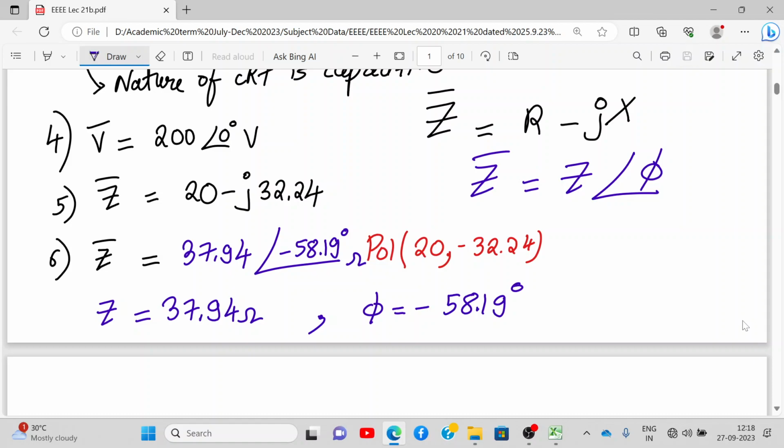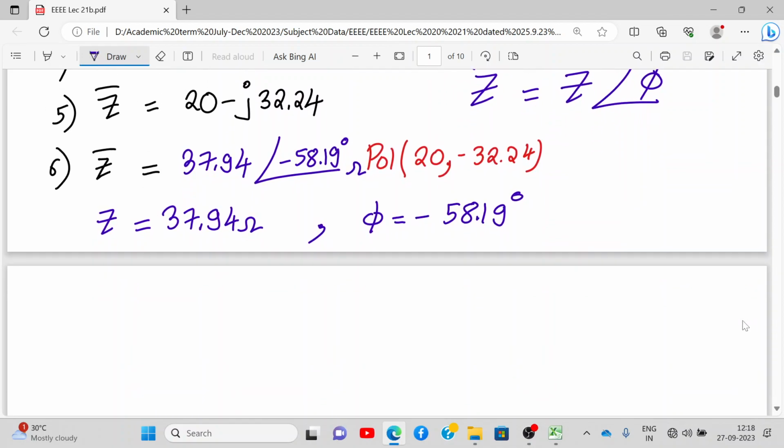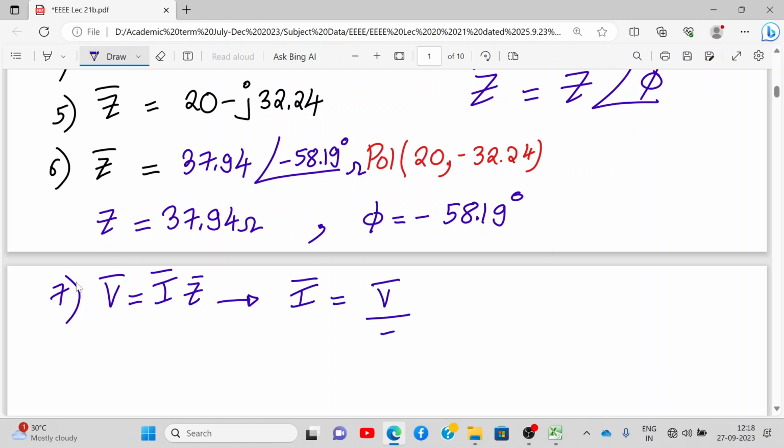Last lecture we talked about the analysis of general series circuits, right? Now that we have the values of V and Z, can we calculate I? V bar is given by I into Z, correct? So I will be given by V bar upon Z bar.